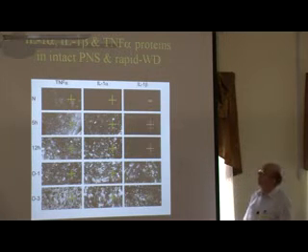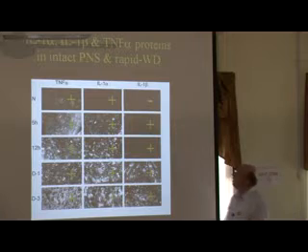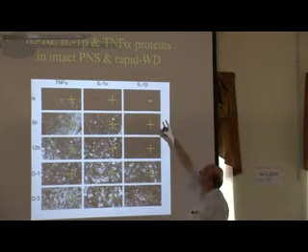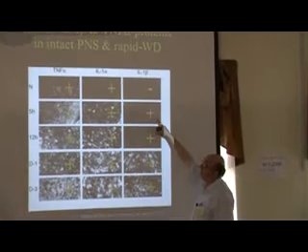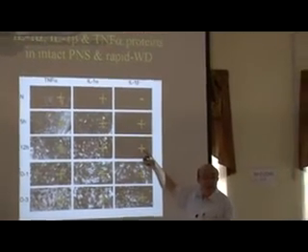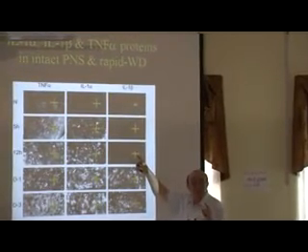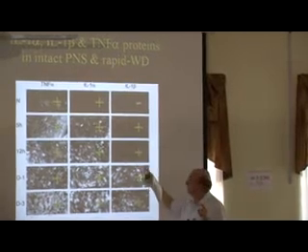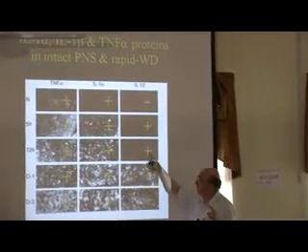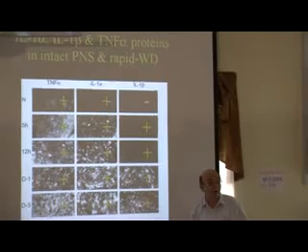If we look at interleukin-1 beta, we have no expression, no message in intact, but the message is upregulated already 5 and 12 hours after the injury, but the protein is not produced. It is produced anywhere between 12 to 24 hours.